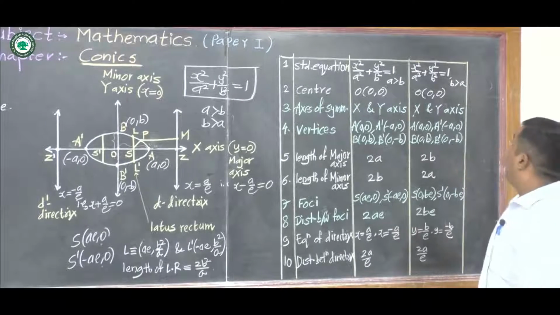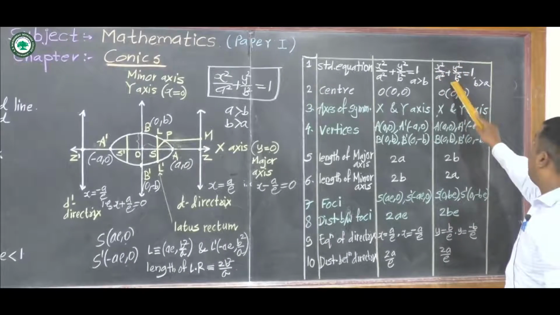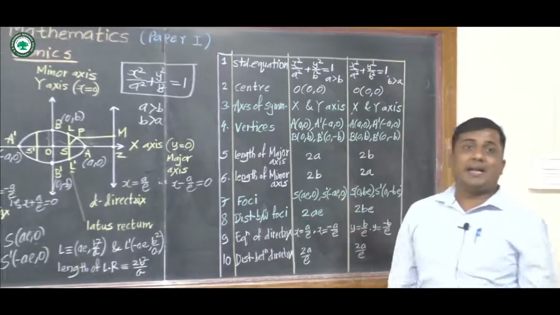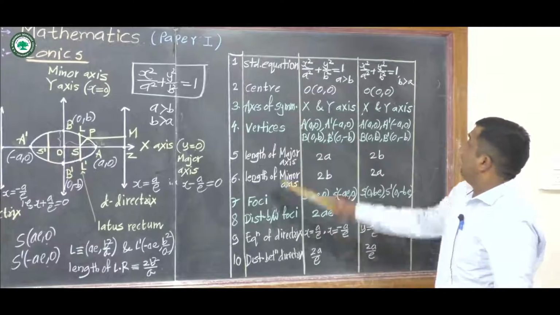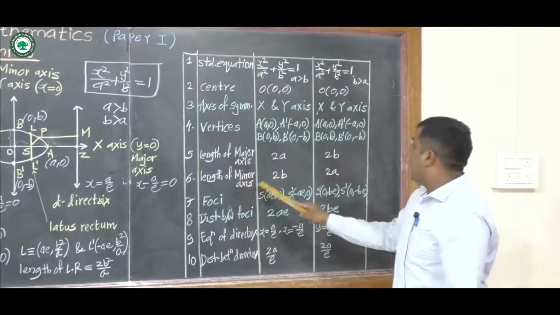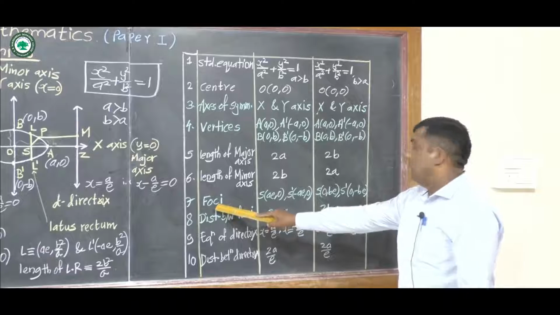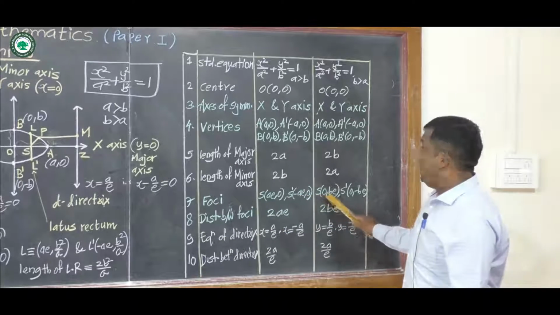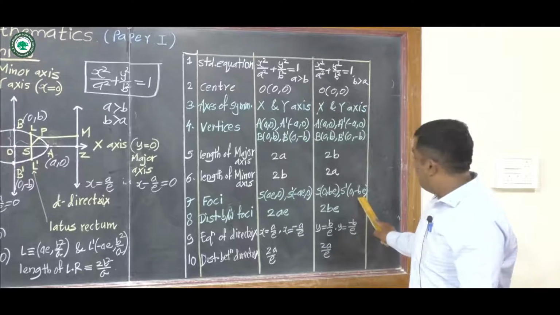Similarly, we define for the ellipse x square upon a square plus y square upon b square is equal to 1, where we consider the condition b is greater than a. If b is greater than a, the length of the major axis is 2b and the length of the minor axis is 2a. For the foci, the coordinates of S are (0, be) and for S dash they are (0, minus be).